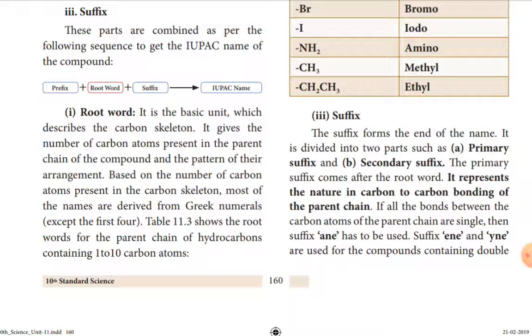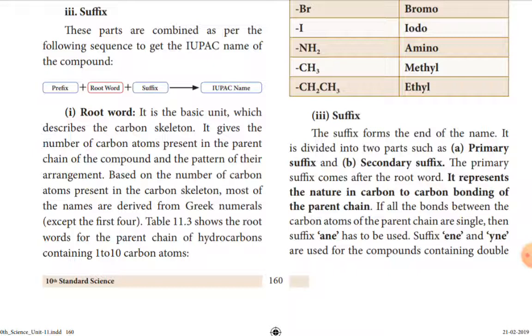First see what the root word is. It is the basic unit which describes the carbon skeleton. I already told you the root word is obtained from the number of carbon atoms present in the parent chain of the compound. This number of carbon atoms present in the carbon chain is normally derived from the Greek numerals.